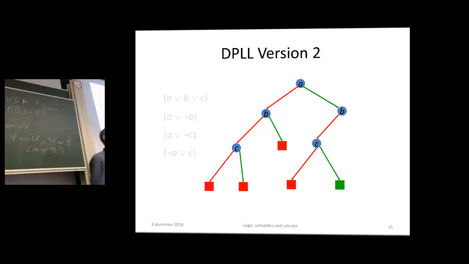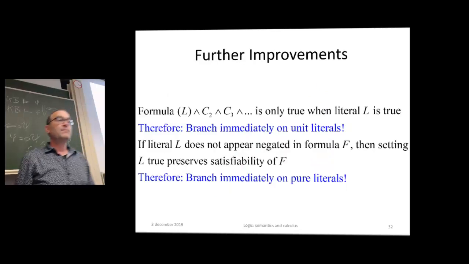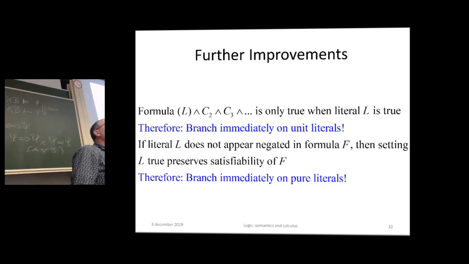Okay, so that's the one variant, but there's even more to gain. Because if we know that we have clauses that only contain one element, the unit clauses as they are called, we know immediately what value my variable has to take.